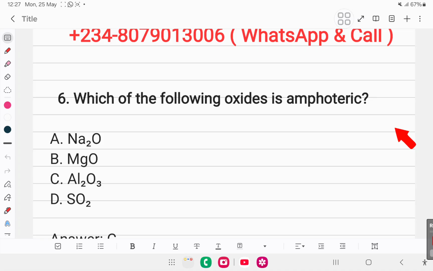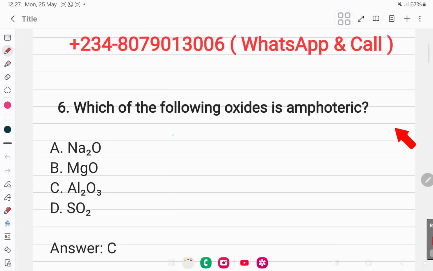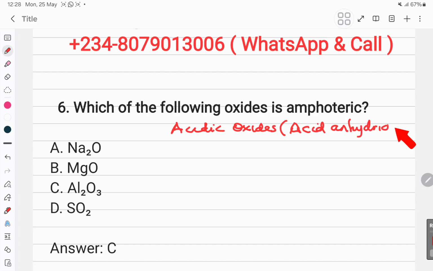So we have oxides, and there are different types of oxide. We have the 4 main types of oxide as follows. We have acidic oxides, also known as acid anhydrides. We also have basic oxides.